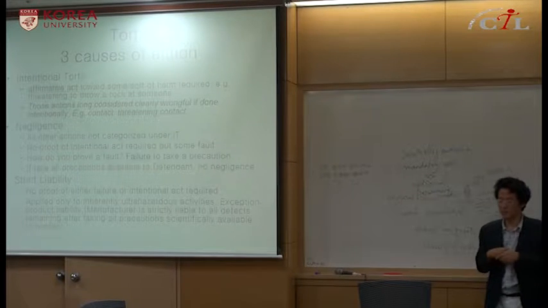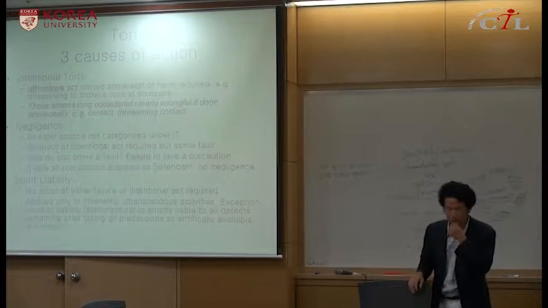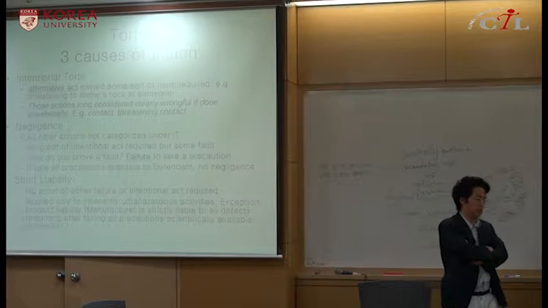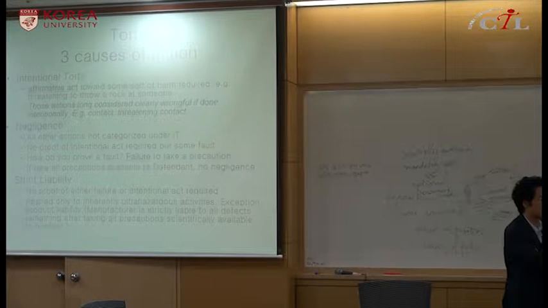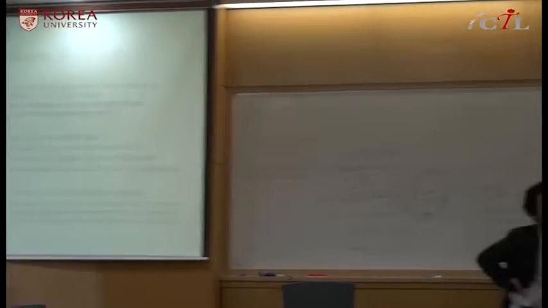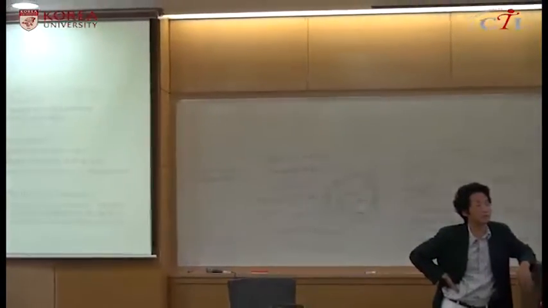That's when intentional tort is applied. What are the actions that have been traditionally considered clearly harmful or intended to be harmful? Well, like touching another person or causing another person fear of being touched.